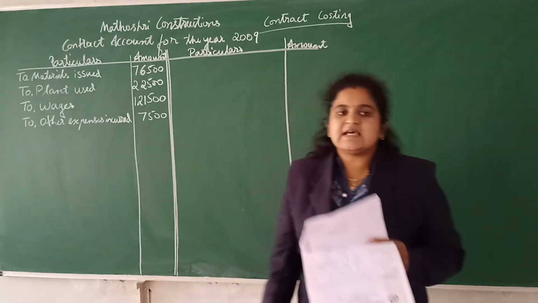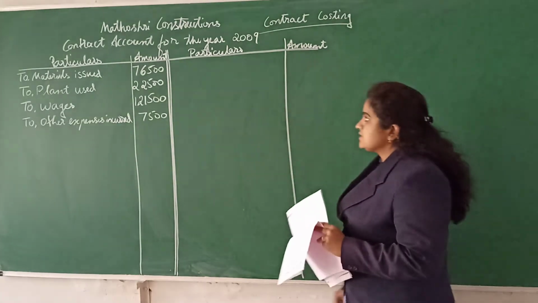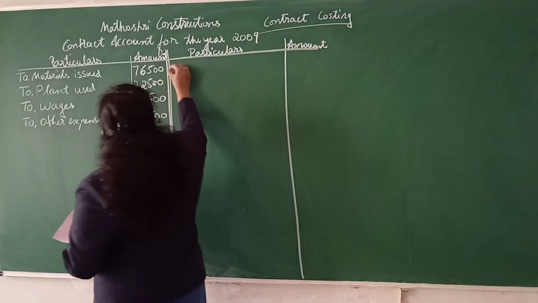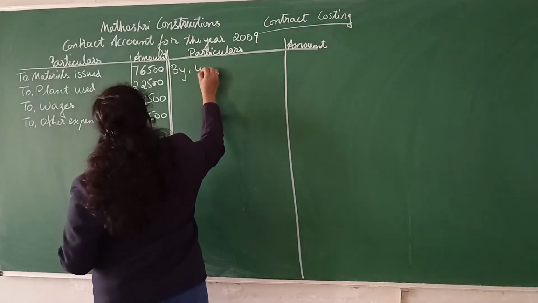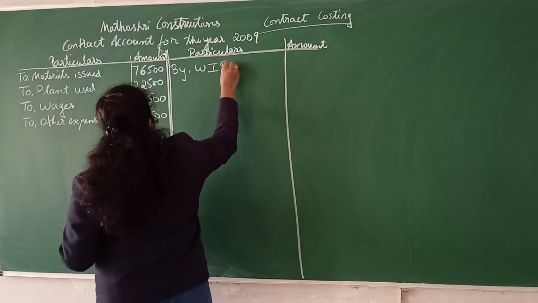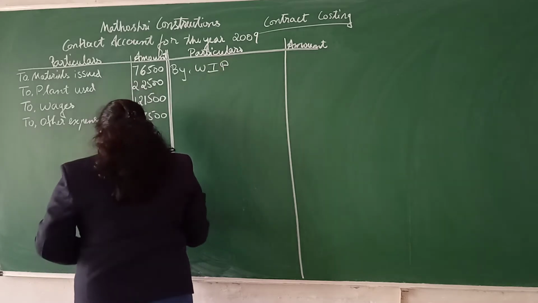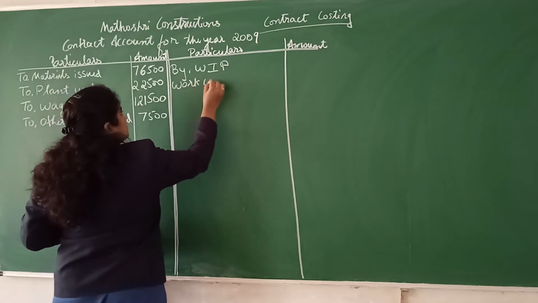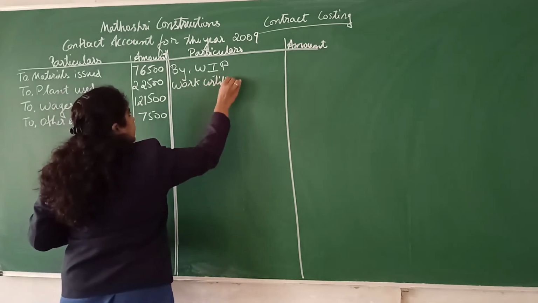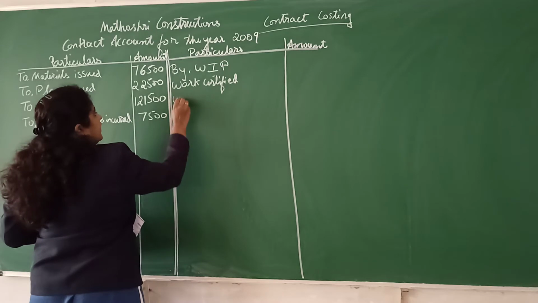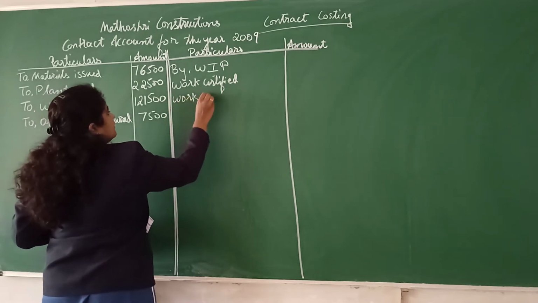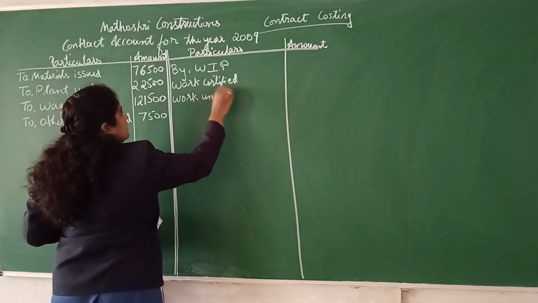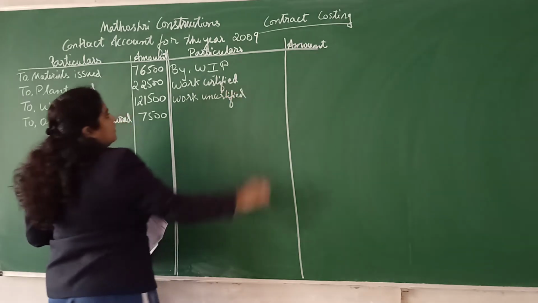That has to be shown on the credit side by work in progress. Then we have work certified and work uncertified.